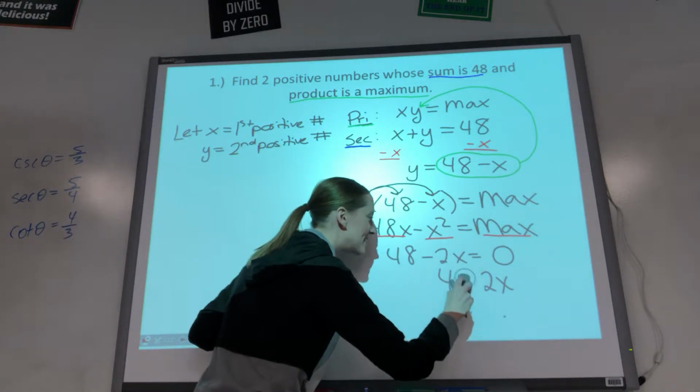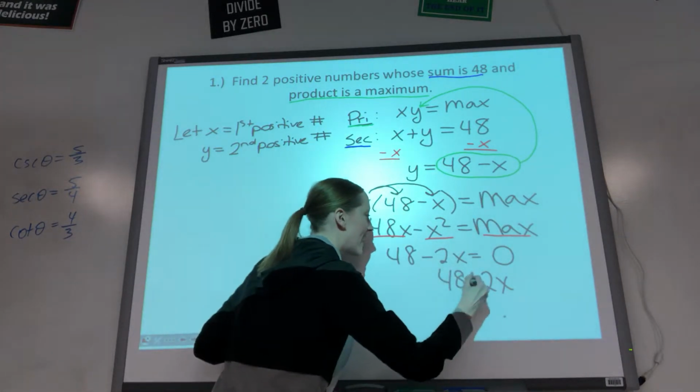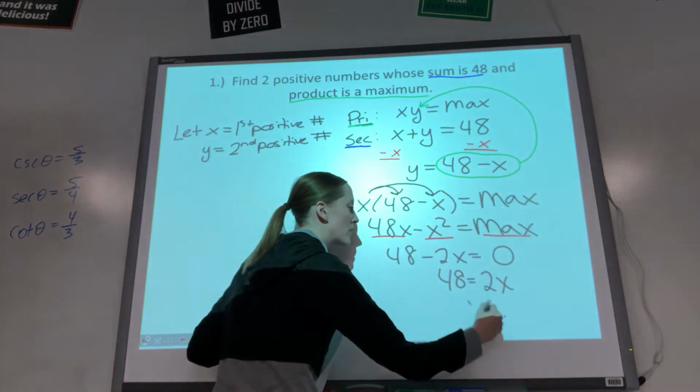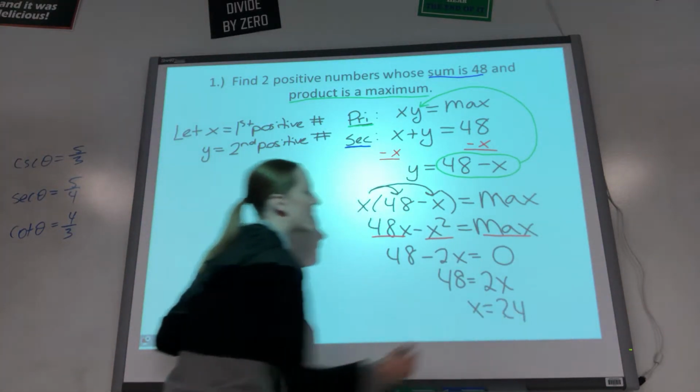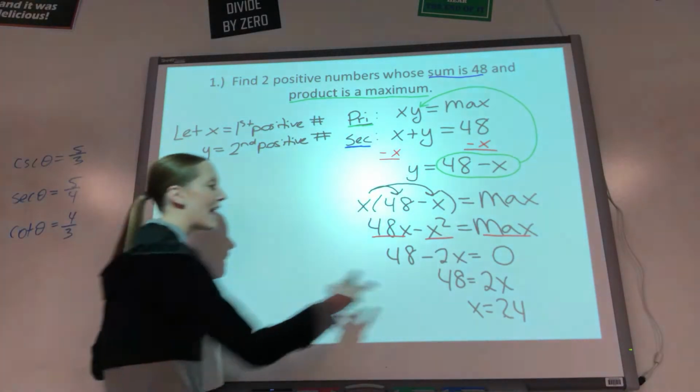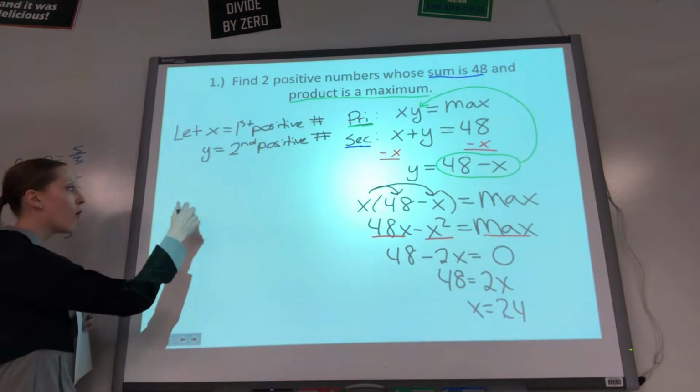Now I'm going to solve it for x. So, getting crazy up here with my equal signs today. I'll add 2x to both sides. That's probably the quickest way to do it. Then divide both sides by 2, and I get x equals 24.